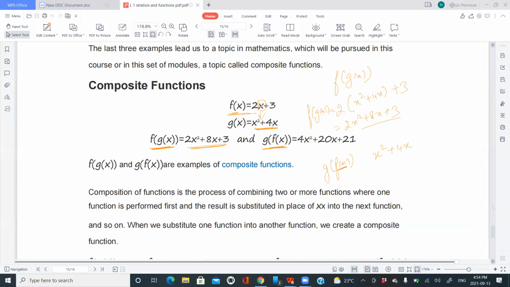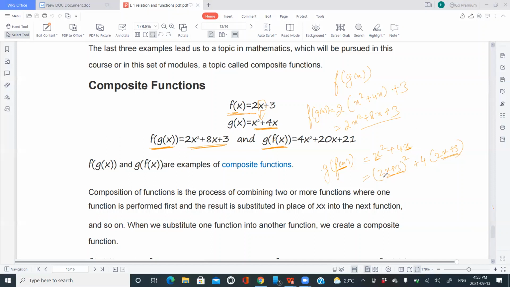So in place of x, I will write f(x), 2x plus 3, and it becomes whole square, plus 4 times, again in this x, I will plug 2x plus 3. Understood or not? I plugged this f(x) in place of x in the g function. Got it or not?